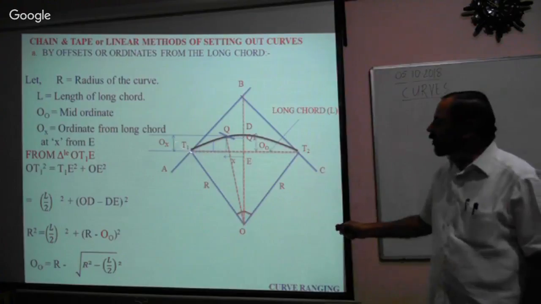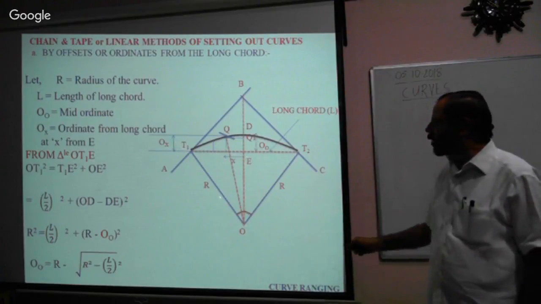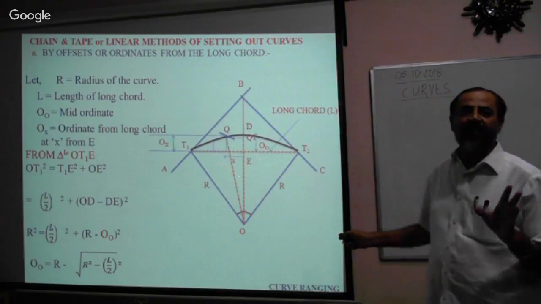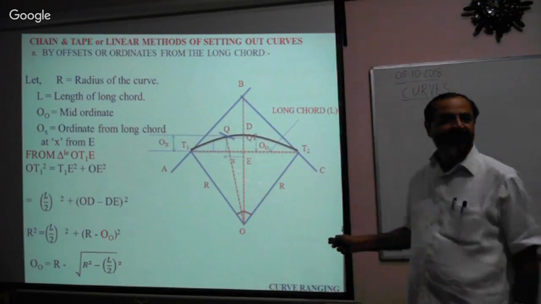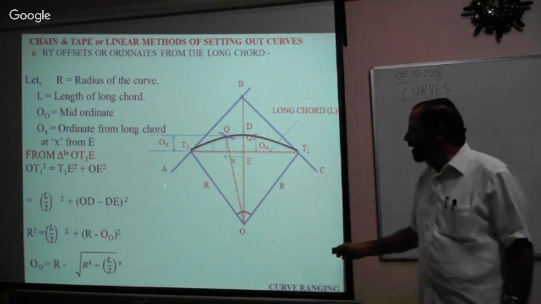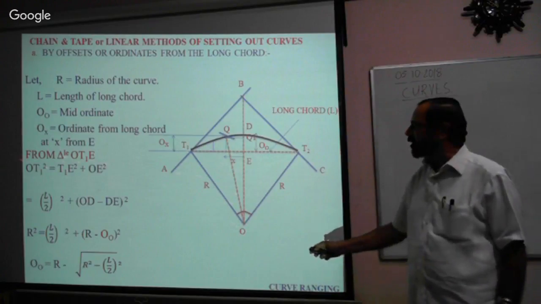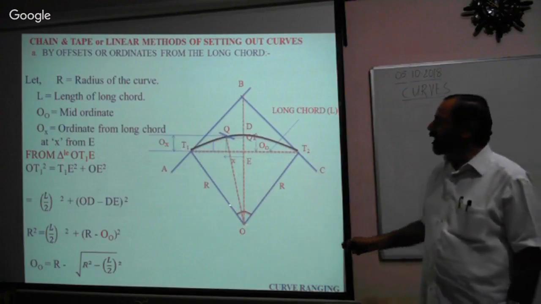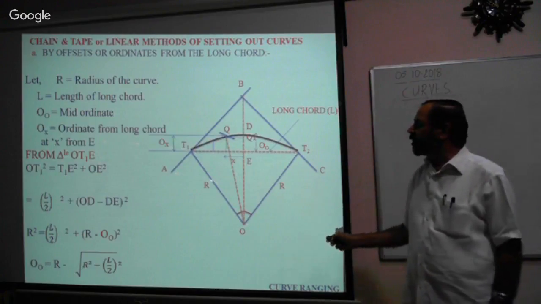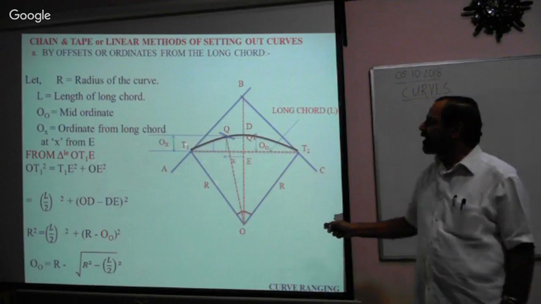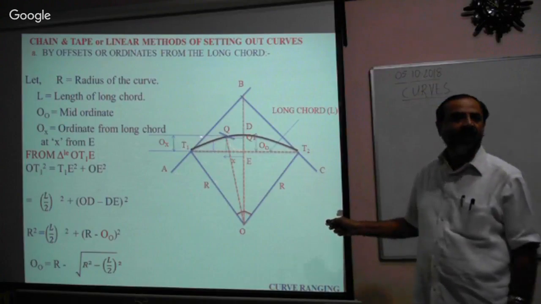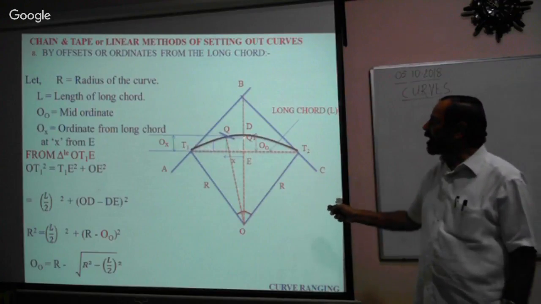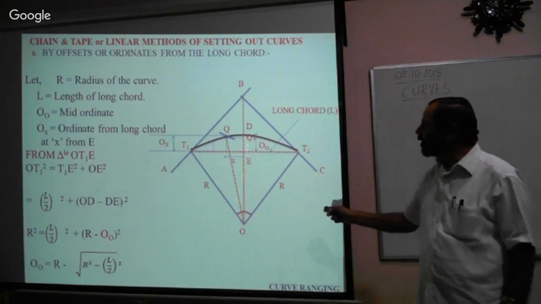See, now we are analyzing this triangle OT1E, applying the Pythagoras theorem. Here OT1 is equal to R, T1E is equal to L by 2, and OE is equal to R minus OO.